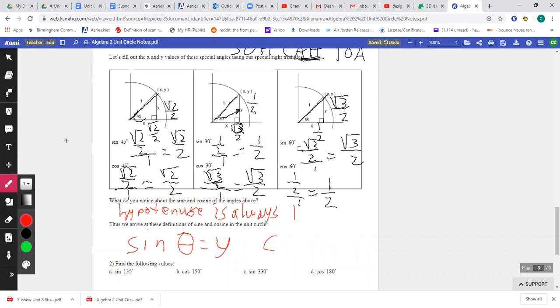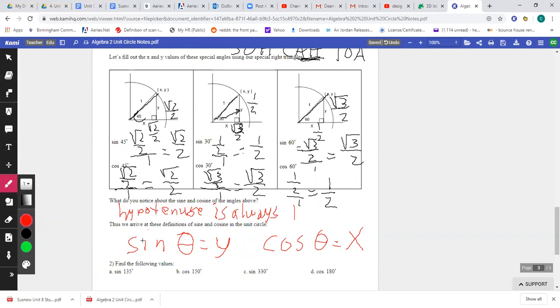And then cosine is just the x. Because cosine's usually adjacent over hypotenuse. However, the hypotenuse for a unit circle is always 1, and the adjacent is always the x, so that's why it's going to be x.